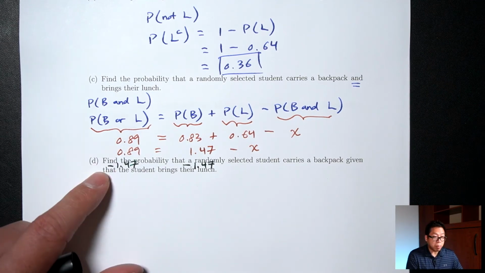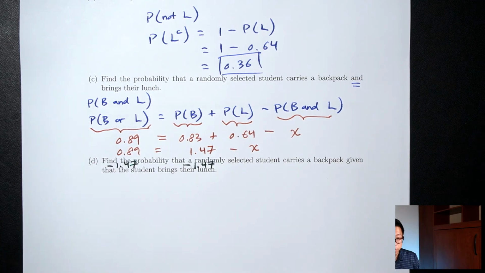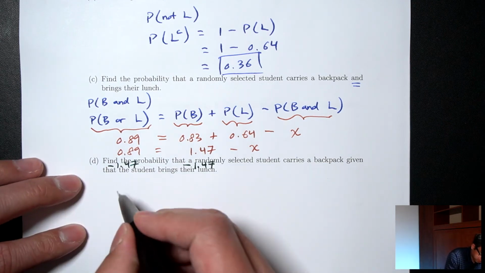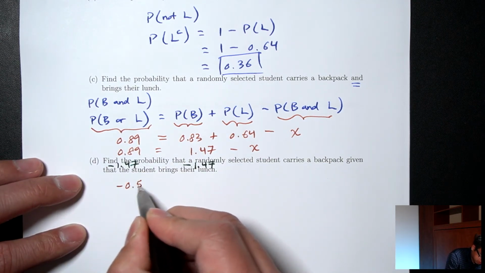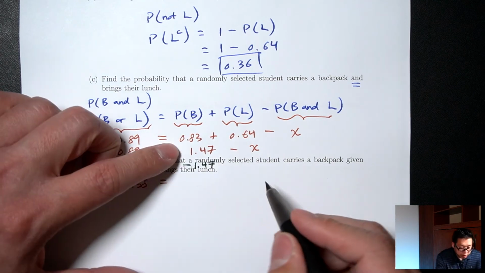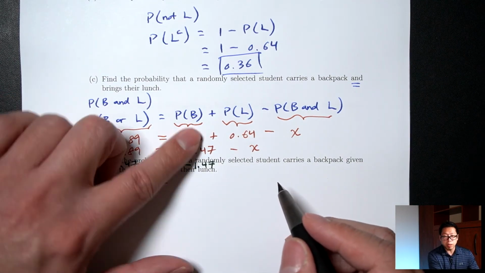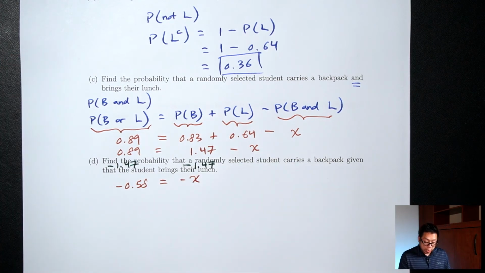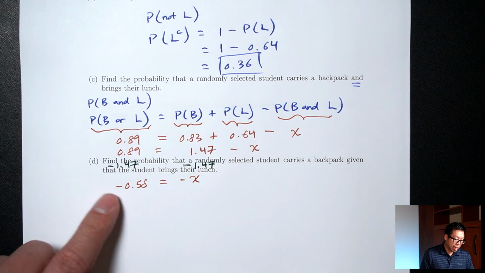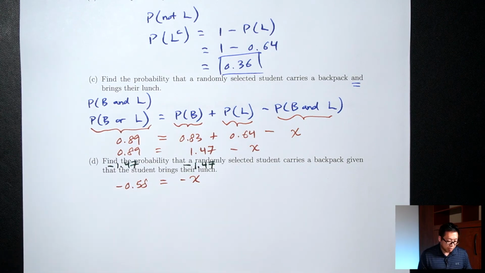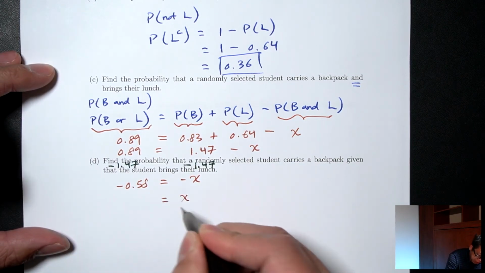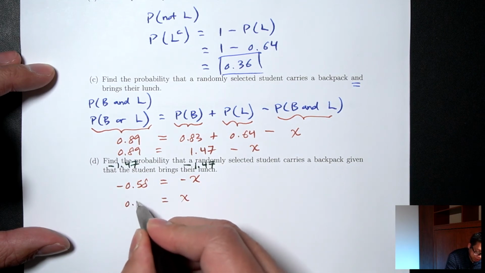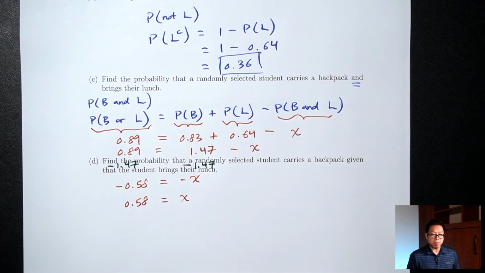Left side, 0.89 minus 1.47. That's negative 0.58. Equals, right side, 1.47 minus 1.47 will cancel each other out, and you're left with just negative X. I'm looking for regular X, not minus X. But if I know that negative 0.58 is negative X, then I know regular X should be 0.58 without the negative sign.